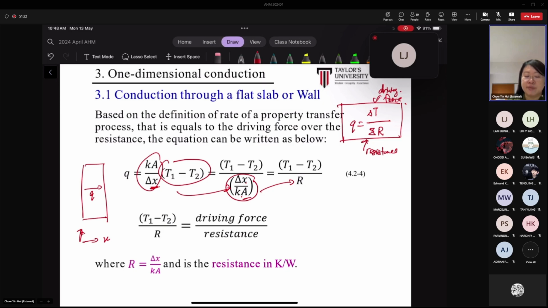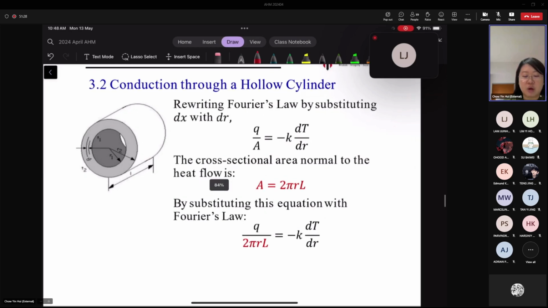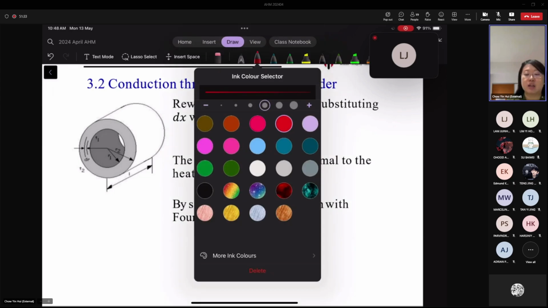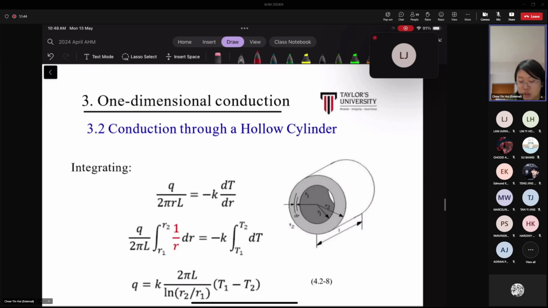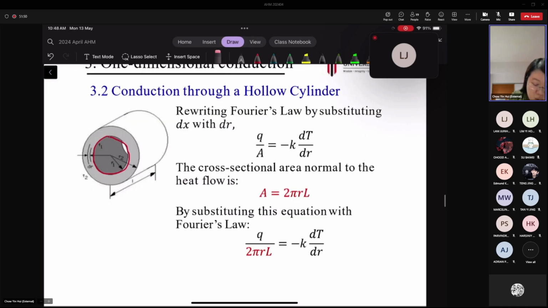All right. Now let us look at the Fourier law equation for the case of a cylinder. What we have been discussing just now is for Cartesian coordinates. If it's cylindrical coordinates, let's say you have this cylinder here with an inner wall of radius R1, and the temperature here we denote as T1.